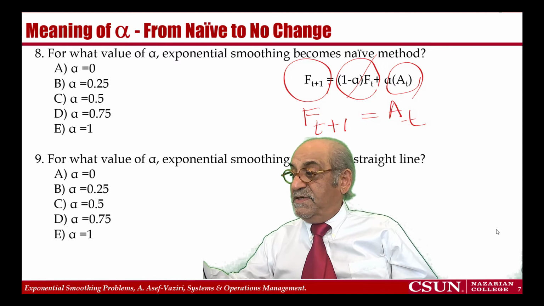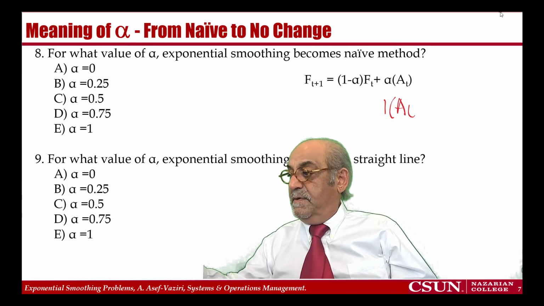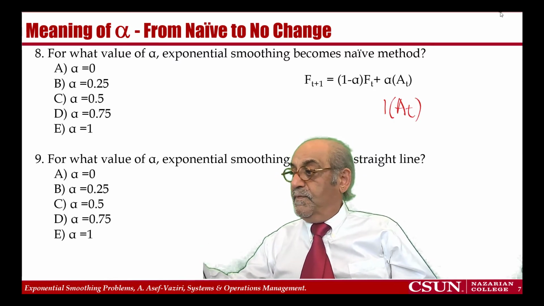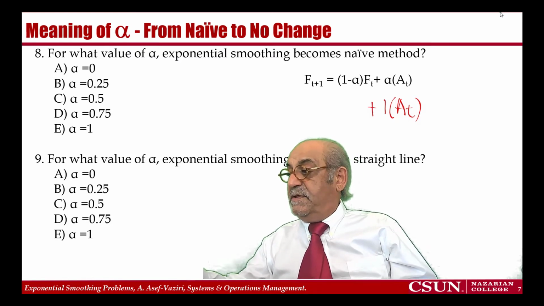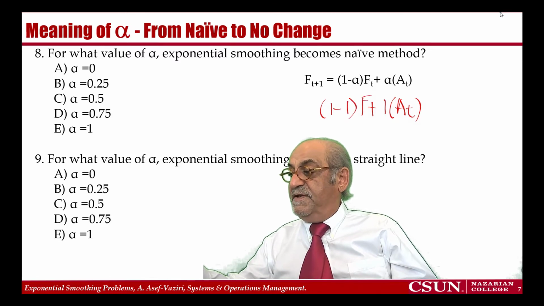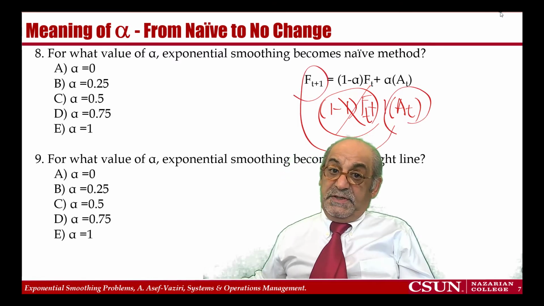That is only possible if alpha is equal to 1. Therefore, if alpha is equal to 1, that is 1 times 80, and this is 1 minus 1 times F(t). This will become 0. This is 80. 80 is equal to F(t+1).